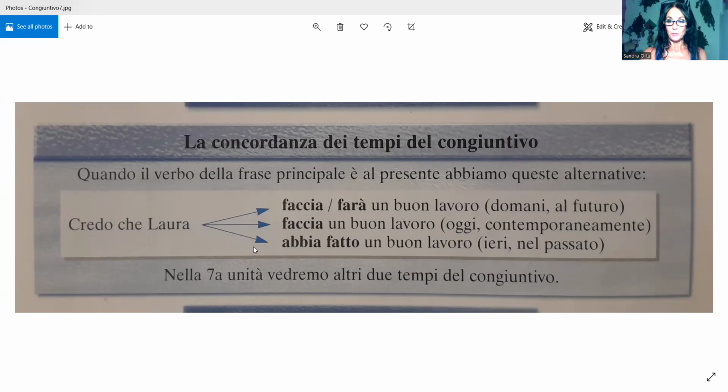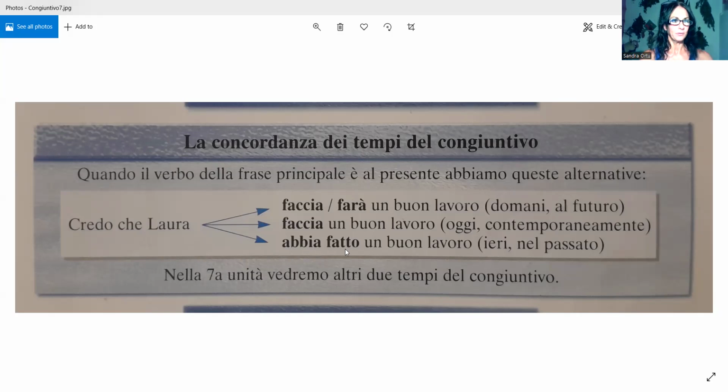Instead, we also have another option if something happened in the past. "Credo che Laura abbia fatto un buon lavoro ieri" o nel passato. I believe that Laura did a good job yesterday or anytime in the past. So in this case, we're going to use exactly what we have just seen, congiuntivo passato. In this case, we have avere, so auxiliary.